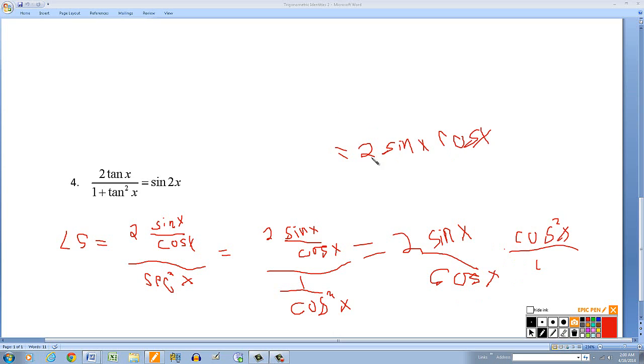But 2 sine x cosine x, that's the same thing as the sine of 2x, are your basic identities.